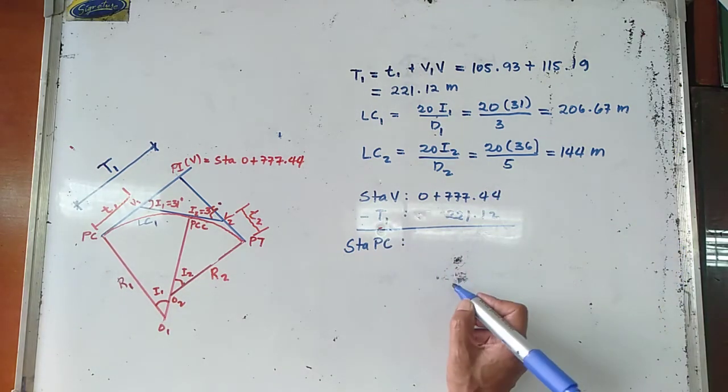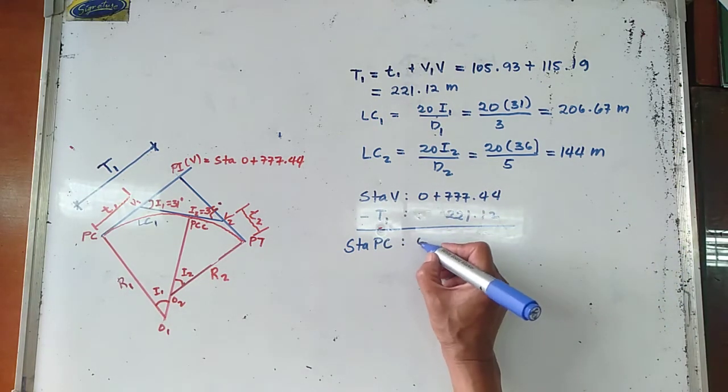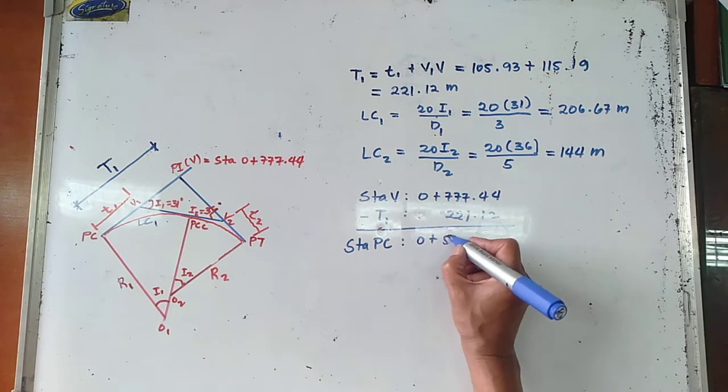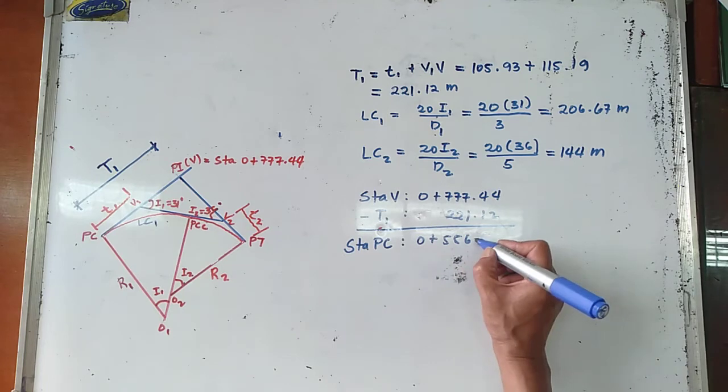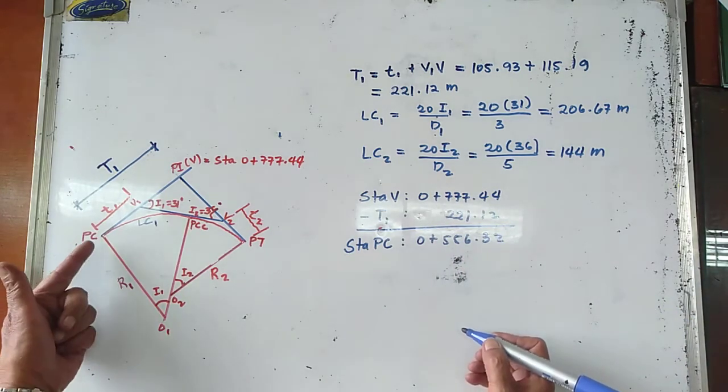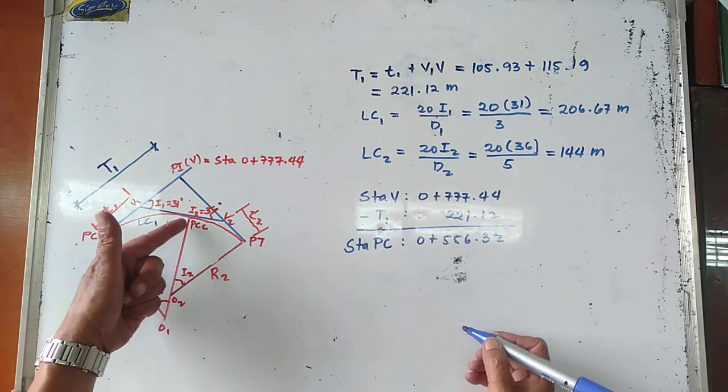Hence, station PC is at station 0 plus 556.32.